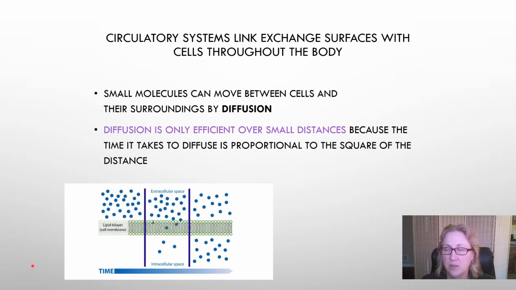So gases diffuse from your lungs to your circulatory system and then diffuse from the capillaries into the cells. All the cells in the body have to be no more than about 2 cell diameters away from the nearest blood vessel for that reason, because diffusion in a liquid, water we're talking about, is slow.